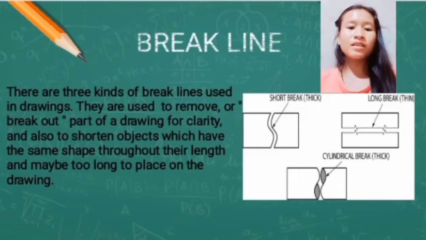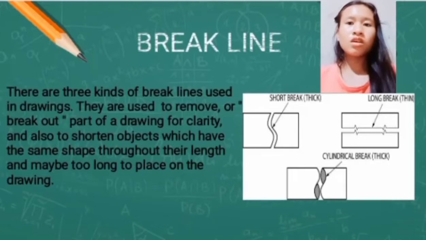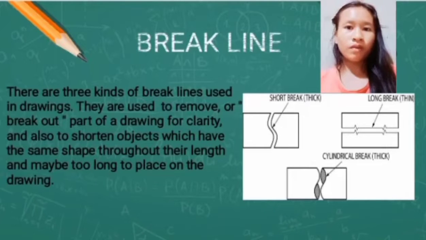Next are the break lines. There are three kinds of break lines used in drawings. They are used to remove or break out part of a drawing for clarity and also to shorten objects which have the same shape throughout their length and may be too long to place on the drawing.